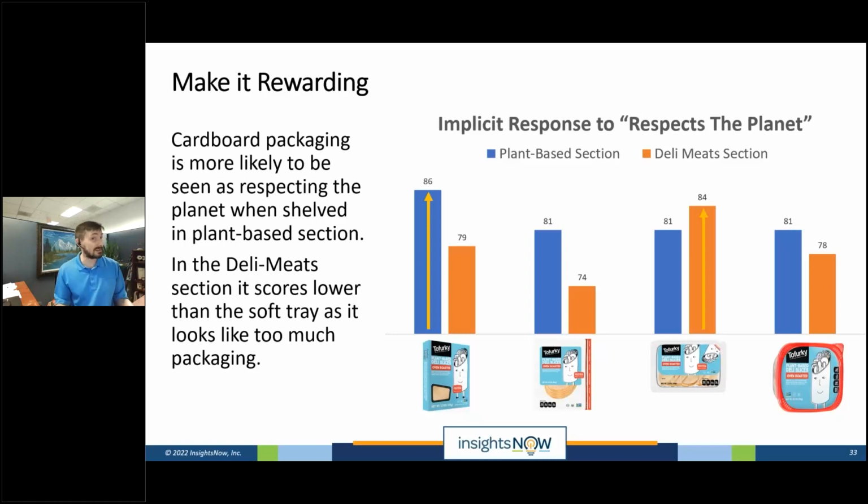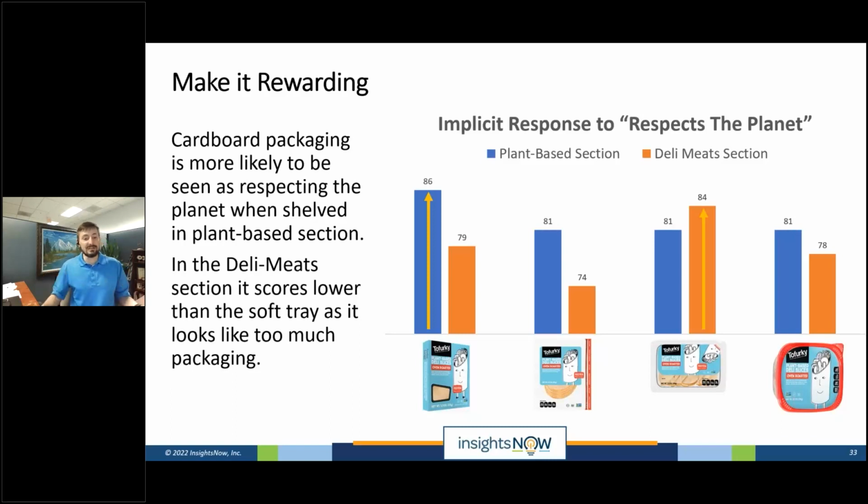It's not about recyclability. In this particular case, the cardboard with additional packaging is viewed as too much packaging, compared to the soft tray, which feels like and looks like very minimalistic packaging. So you get this dichotomy of respecting the planet based on not necessarily what the material is, but how much material is there.